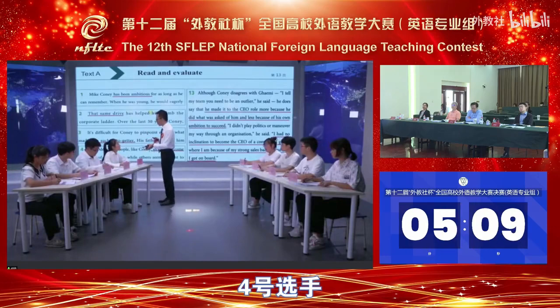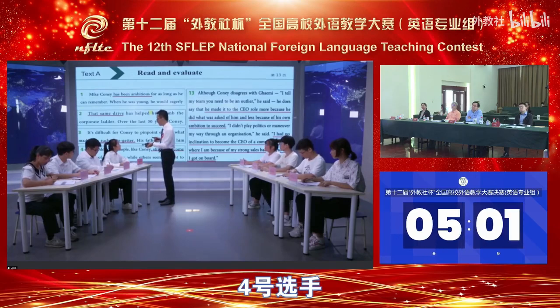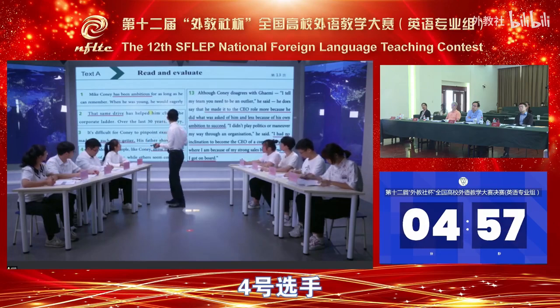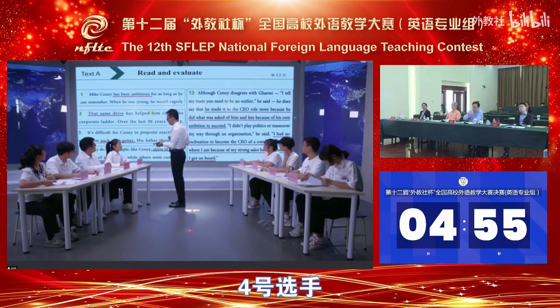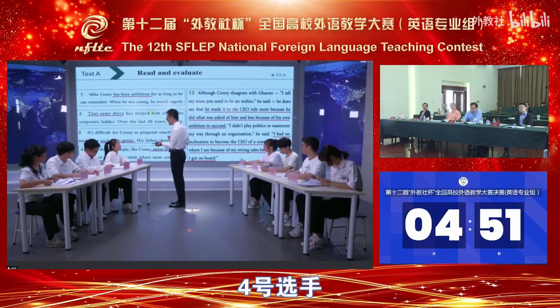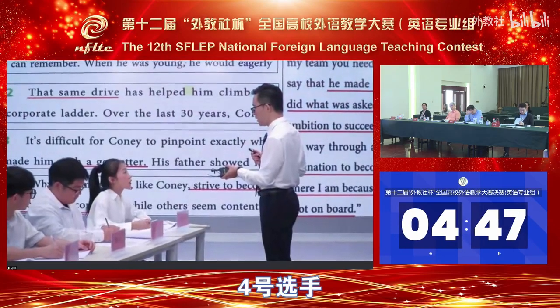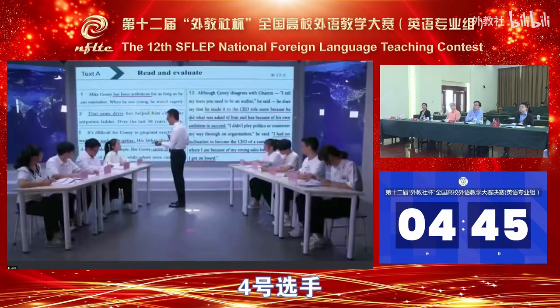Okay. And what does the first part emphasize? Emphasize Connie's ambition. Okay. While in the last paragraph, the author focused on Connie himself, how he should be successful. Success should combine ambition with good qualities, like being committed and team spirit.